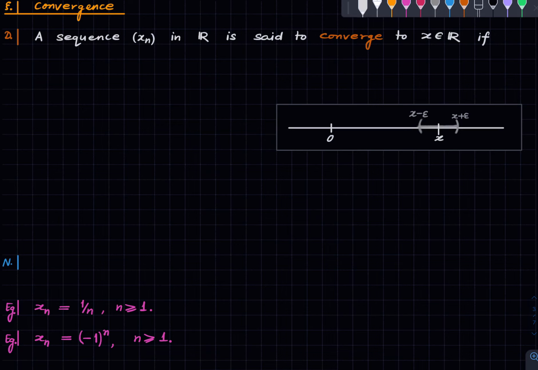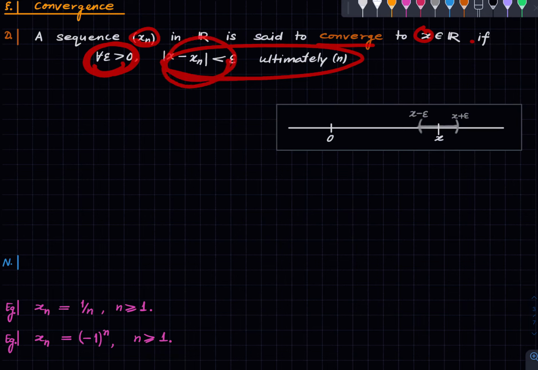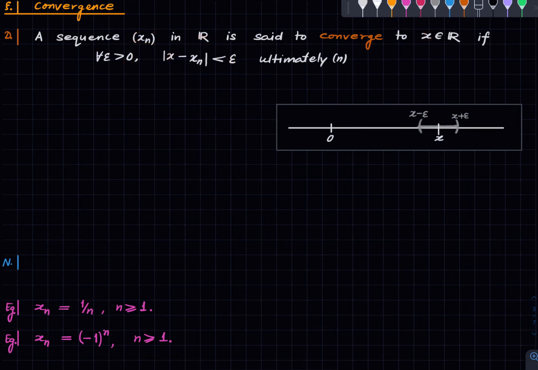So once again, we say xn converges to x if for all epsilon greater than 0, this happens, meaning the distance between x and xn is less than epsilon ultimately over n.